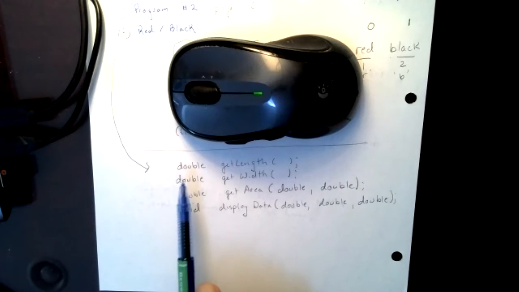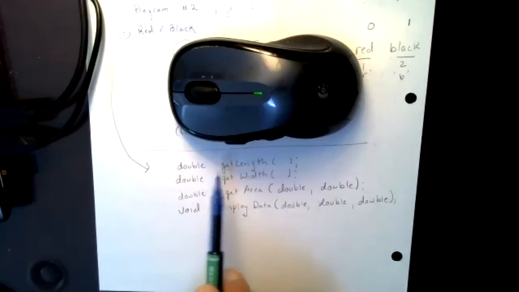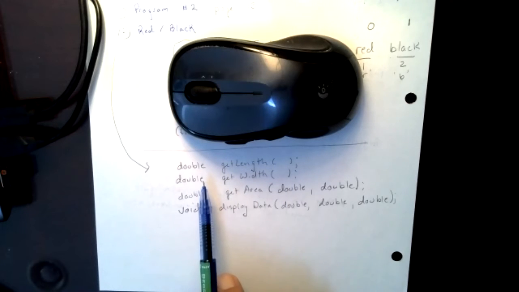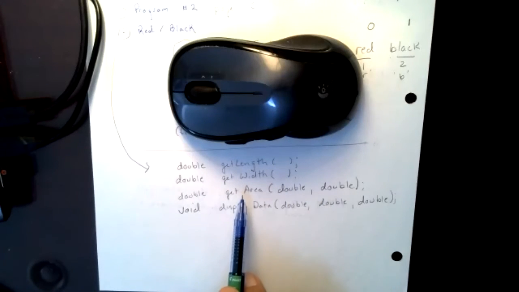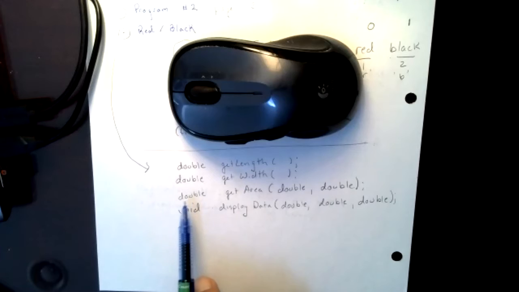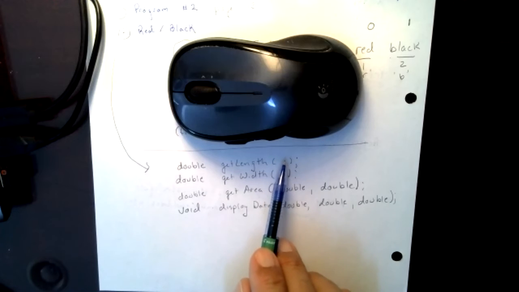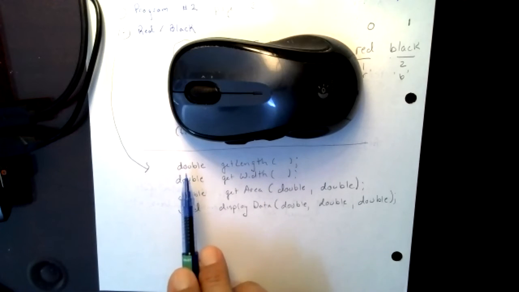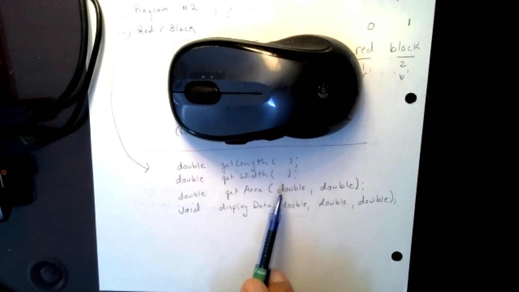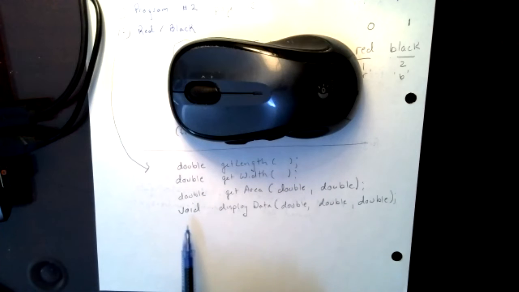So this is what your main is going to be. I'm going to get the length and store it in a value. I'm going to get the width and store it. I'm going to pass those 2 in to get area and get a return of what the area would be. Then I'm going to display them. So I have no parameters, I have return types where I'm returning a single value, I have parameters in my list, and I have a void one.